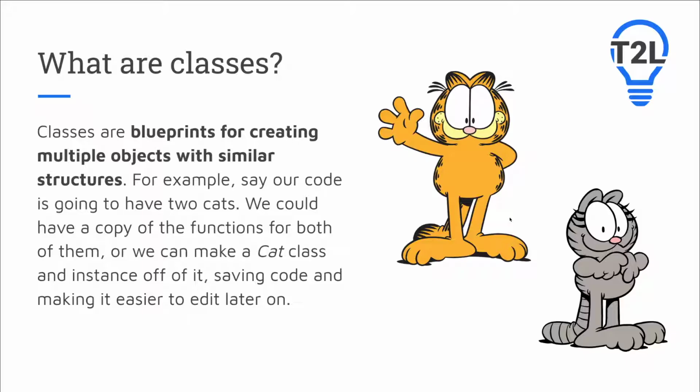So, does anyone think of some functions that we may have for Garfield? Anyone? Just come on. Can you use a constructor? Wouldn't you use a constructor most of the time?